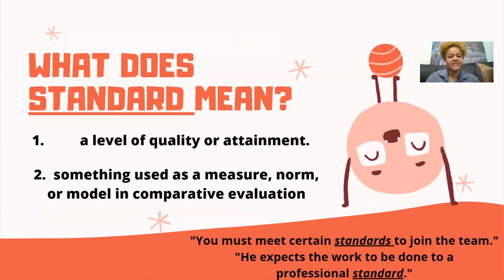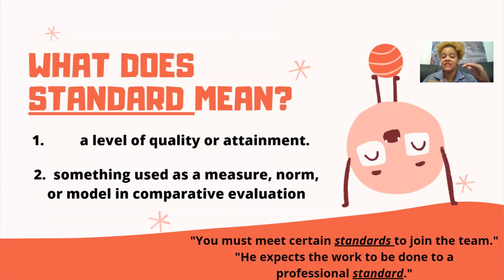But in the idea of curriculum design, I really want us to focus on the second definition. A standard is something that is used as a measure or a norm or a model in a comparative evaluation. So our sentence is, you must meet certain standards to join the team. What kind of standards would that be? Well, maybe you have to run a 15-minute mile and do 50 push-ups and have at least a level of hand-eye coordination.